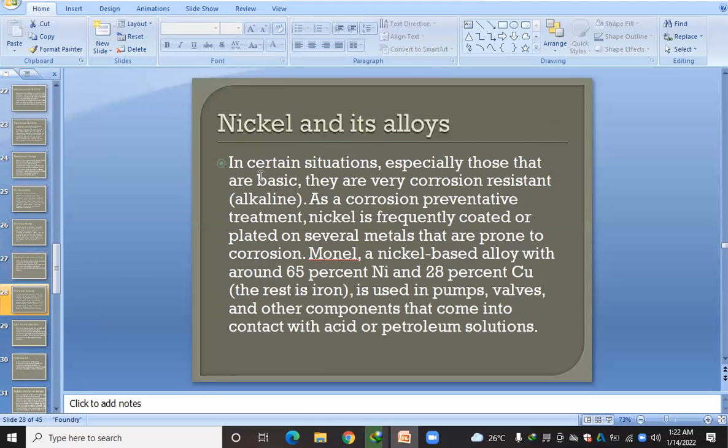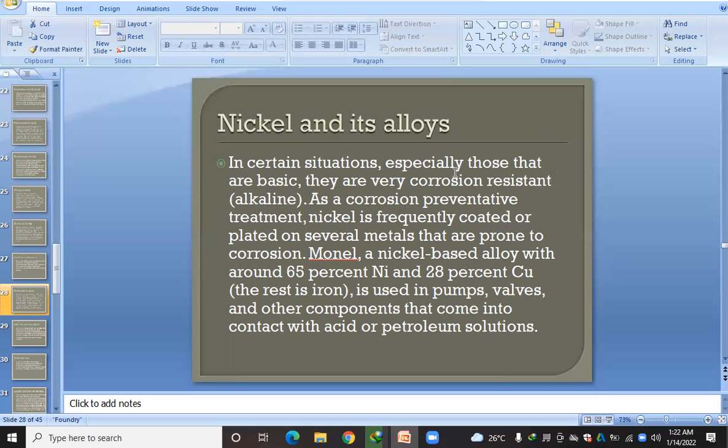So nickel and its alloys, in certain situations, especially those that are basic, are very corrosion resistant. As a corrosion preventive treatment, nickel is frequently coated or plated on several metals that are prone to corrosion.